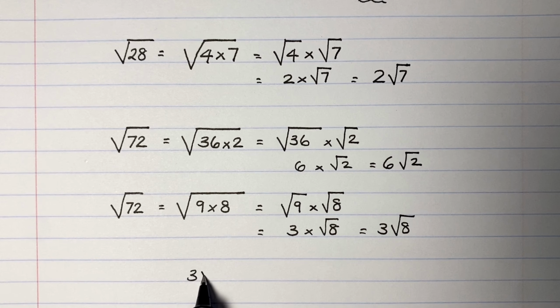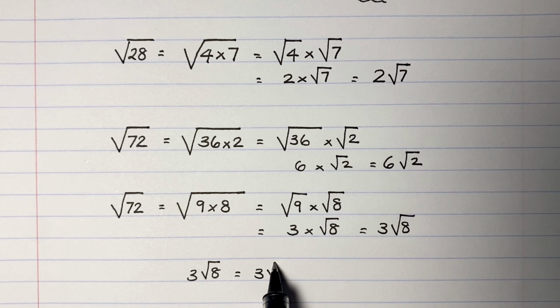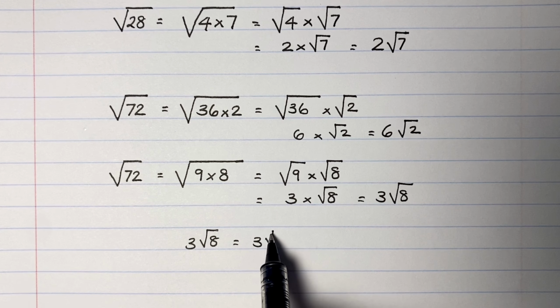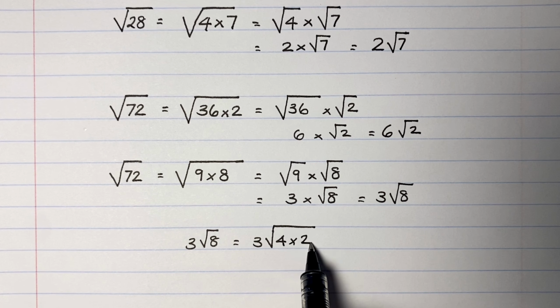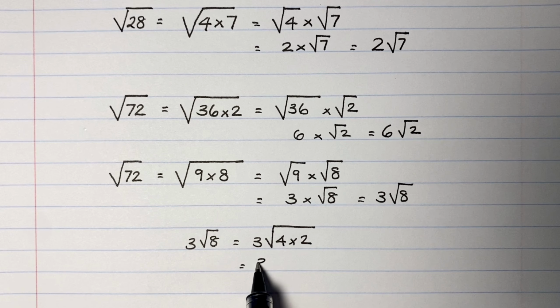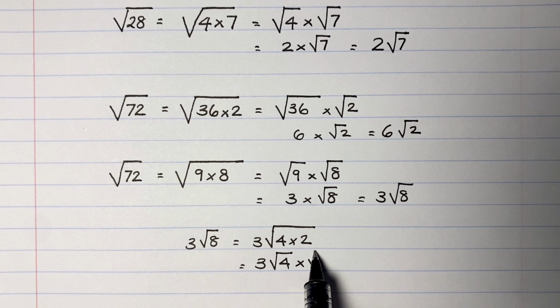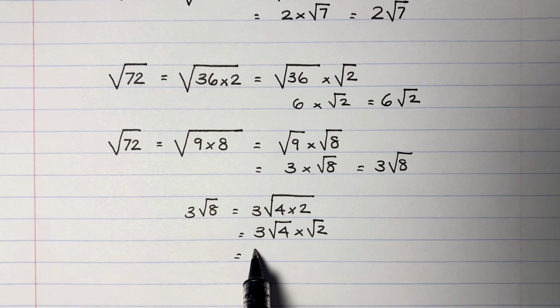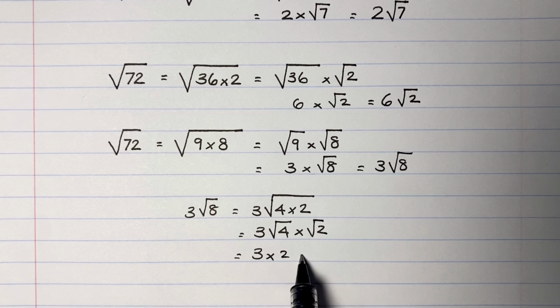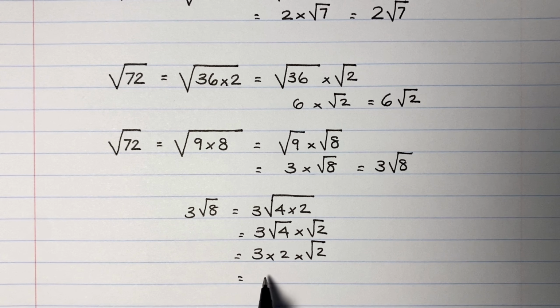So 3 root 8 can be written as 3 root of 4 times 2. Now split: 3 times root 4 times root 2. But root of 4 is 2, so we have 3 times 2 times root 2. 3 times 2 is 6 root 2.